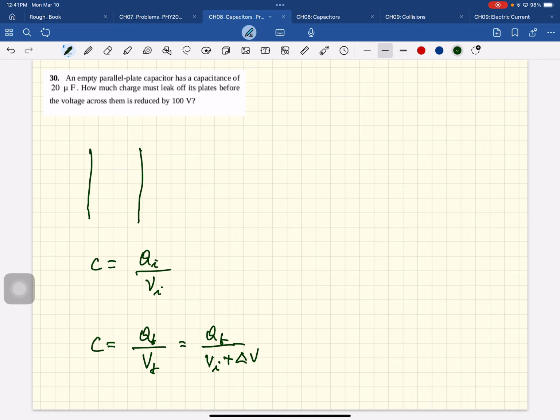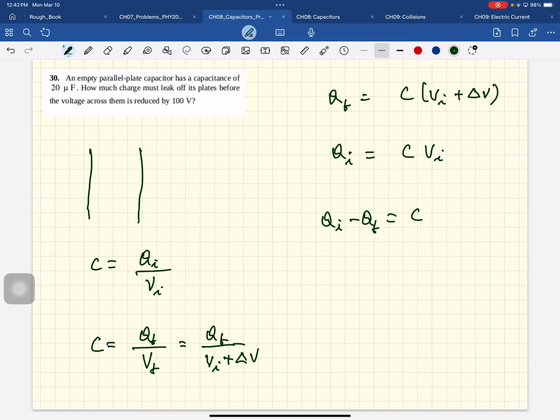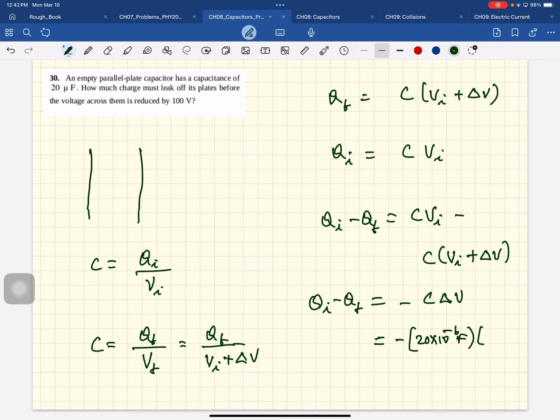All right, so QF is C times the final voltage, and the final charge is less, so this is CVI minus CVI plus delta V, minus C delta V. Okay, so that's how much the charge reduced by, and the capacitance is minus 20 microfarads, and it reduced by 100 volts.